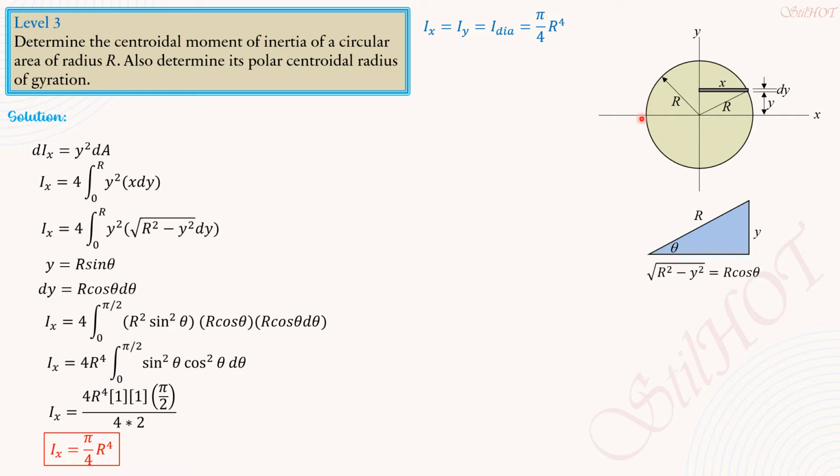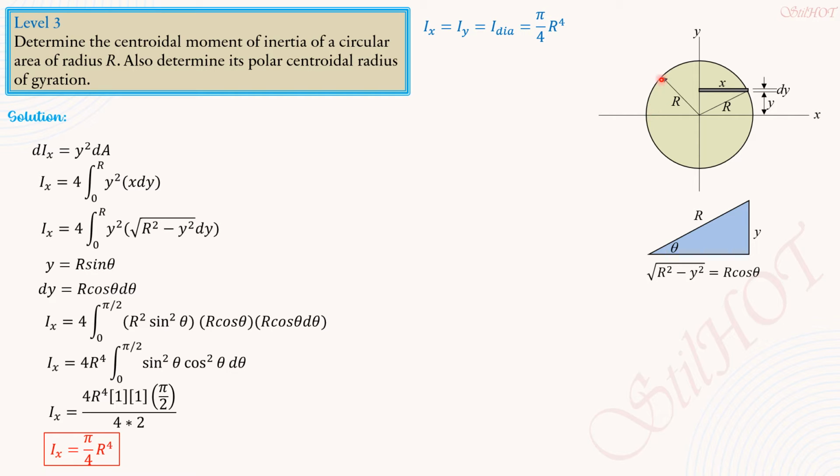That means that if we only consider a semicircle, the moment of inertia with respect to the x-axis for this upper semicircle or for this lower semicircle is the same. It is equal to half of this value, so pi over 8 r to the fourth.